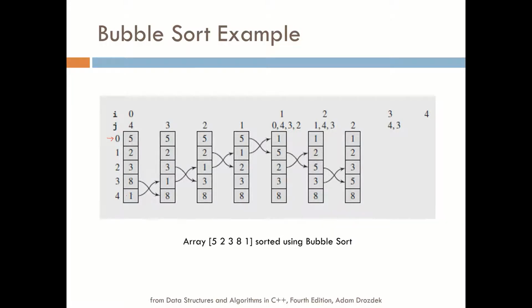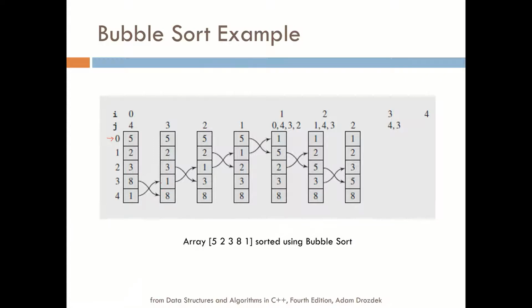And if this value is less than the value to its left, we swap that data. And then the counter is here, and then we compare the 1 and the 3. So when we swap, we're not just doing pairwise swaps, we're staying with the one element of the pair. So 1 is in fact less than 8, so we're going to swap those.